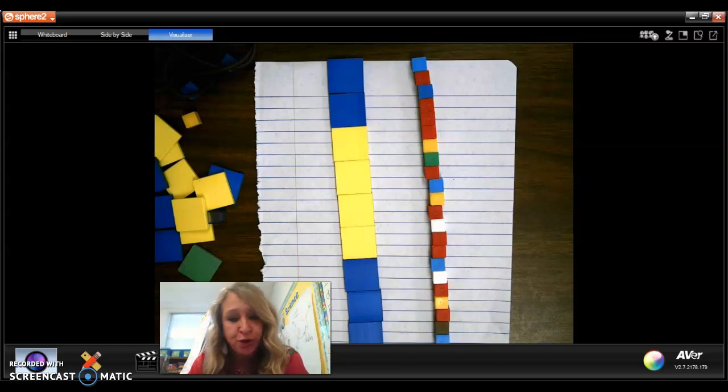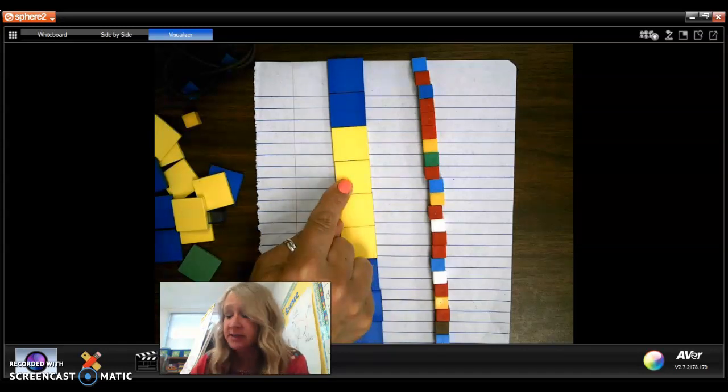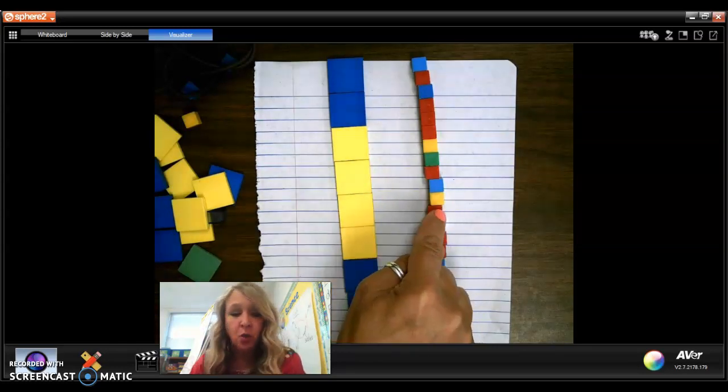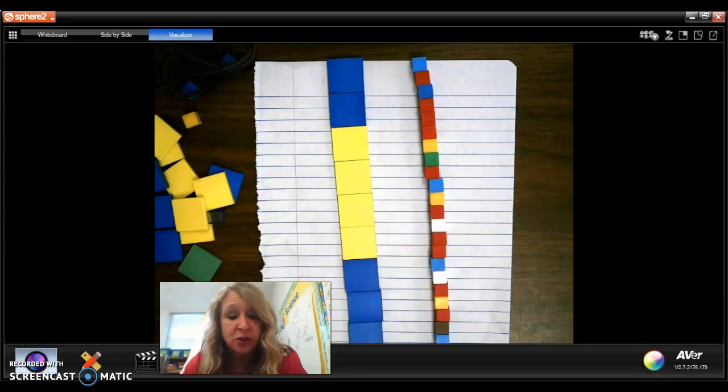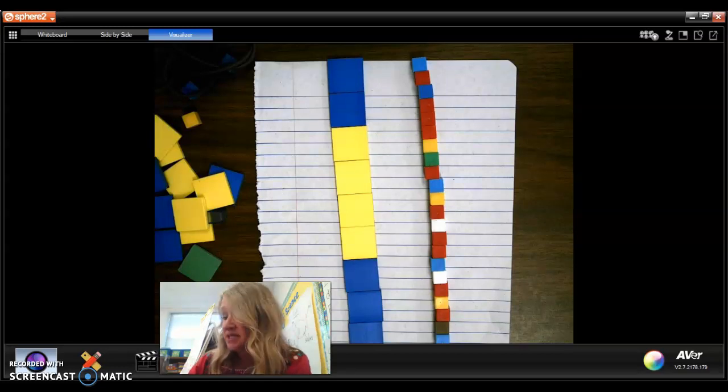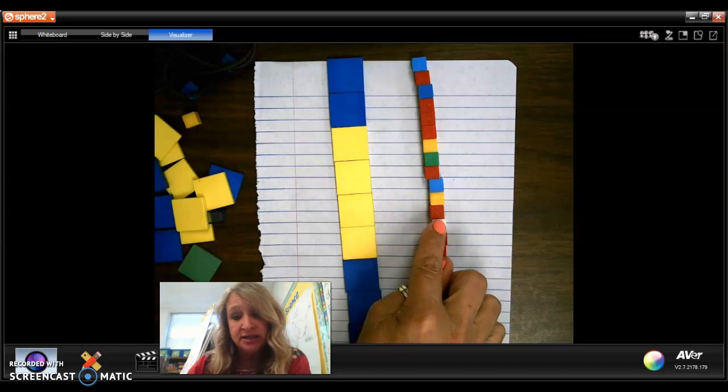What do you notice? Did I use more square tiles or did I use more ones units? That's right, I used more ones units. Why do you think that is? Could it be because the ones units are smaller?